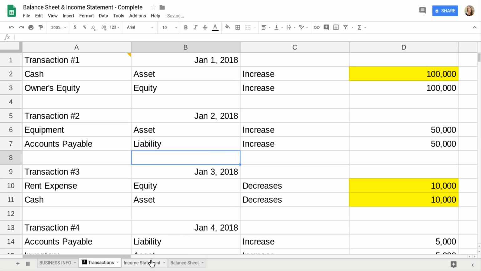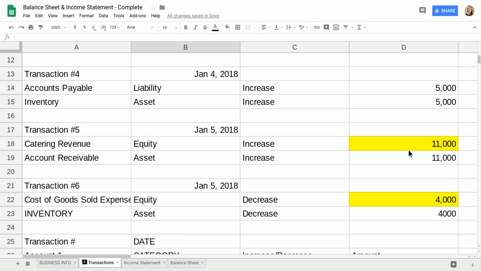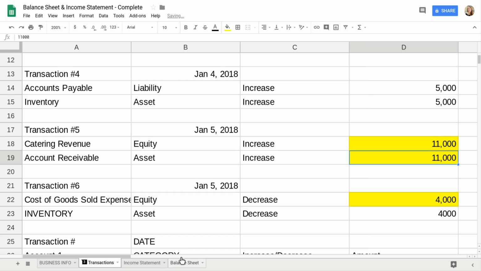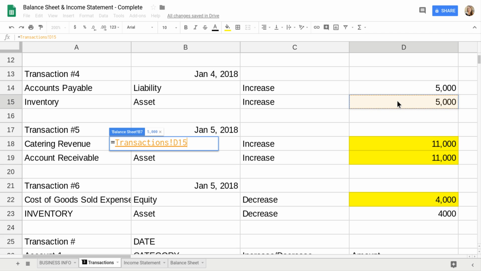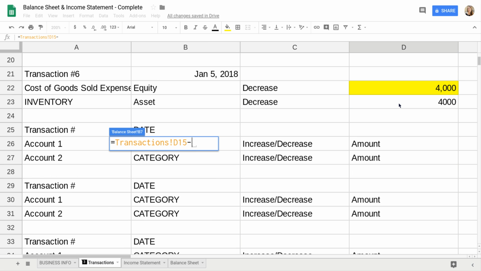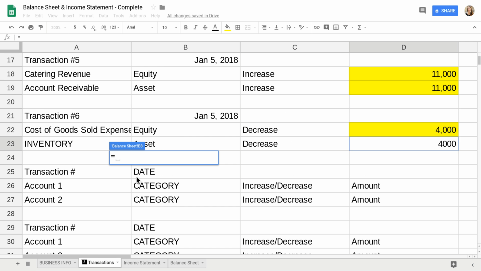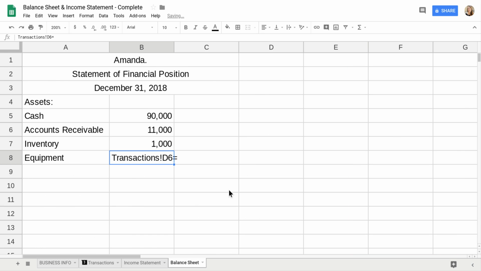And then next one is accounts receivable, and we only had one of those, which is 11,000 right here. So accounts receivable is 11,000. Inventory, we started with 5,000 and then we took out 4,000, which is 1. Equipment here is 50.